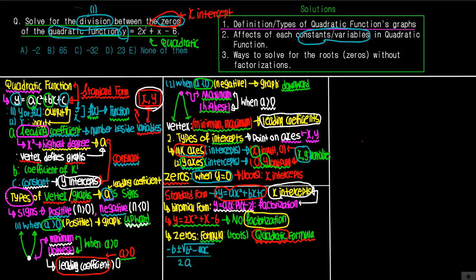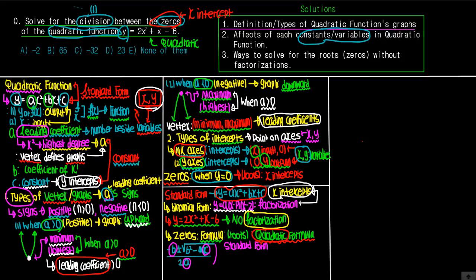This is the formula for it. And if you want to apply this formula, we need to know what the a, b, and c values are. Well, these values originate from our standard form in our quadratic function system.